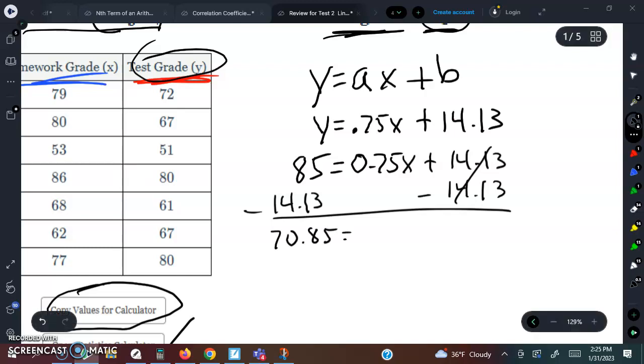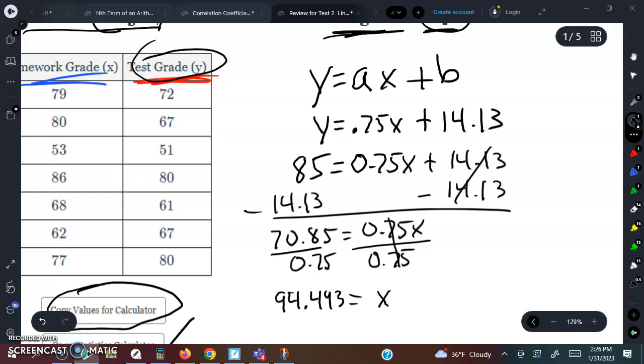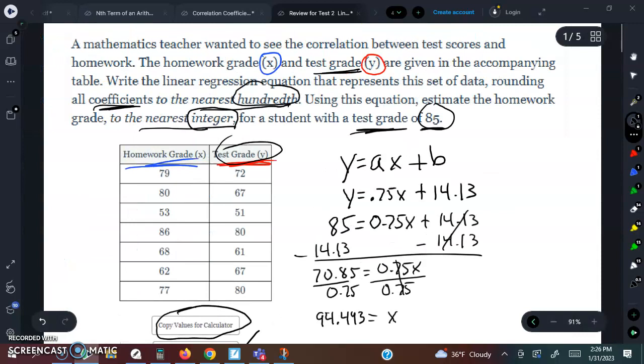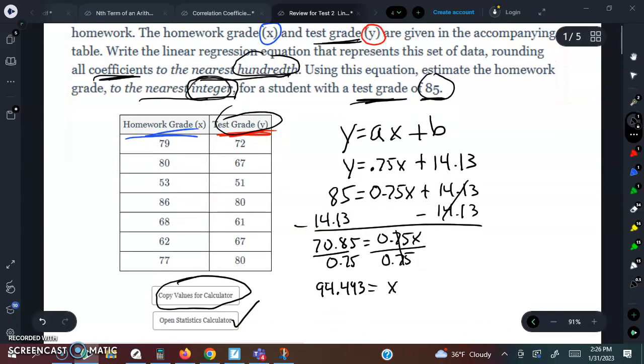And then I'm going to bring down this 0.75x, and then I'm going to divide by 0.75. Okay, this will cancel out, leaving the x here, and this will get me 94.493. Okay, now what do I do next? So this is my answer, but they said to round to the nearest integer, which is the whole number.